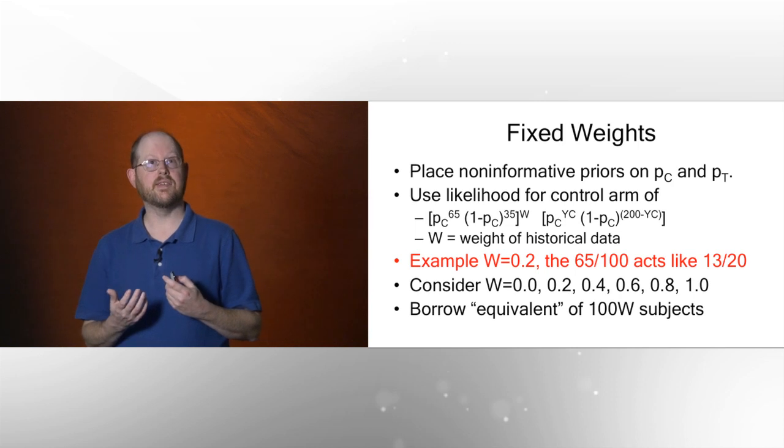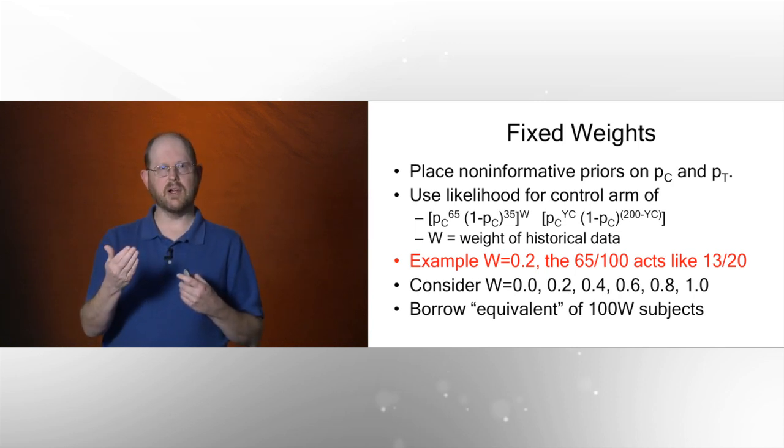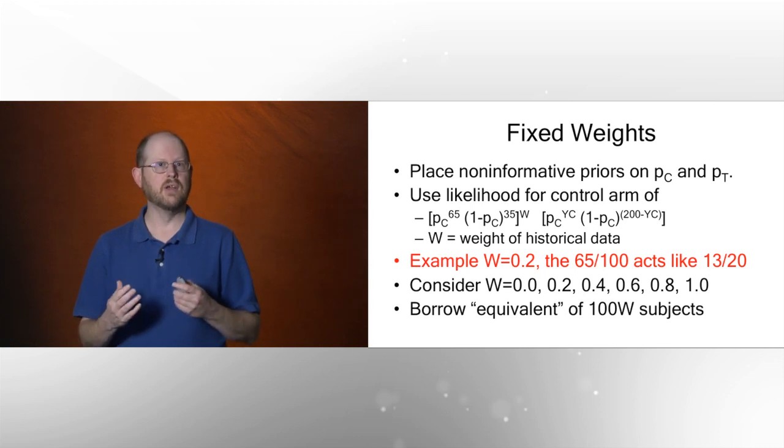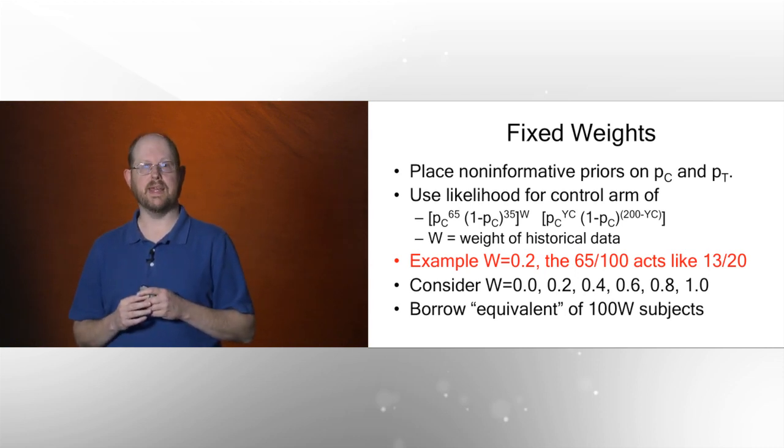A single arm trial doesn't do what you want, but historical borrowing can let you get most of the benefits, and you still get the advantage of control subjects in the current trial. So with a fixed weight, you would decide in advance, I want to use W equal to 0, W equal to 1, W equal to 0.5, 0.2, 1/5, 1/2, whatever you've picked.